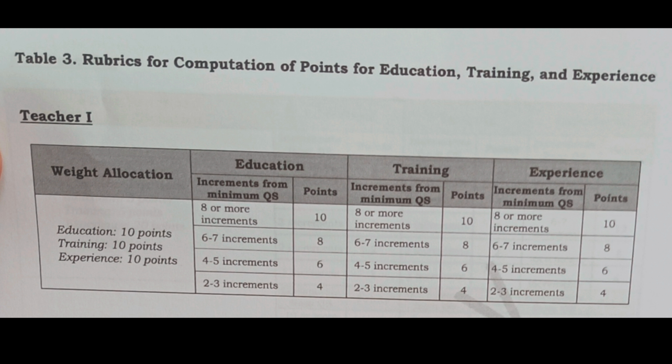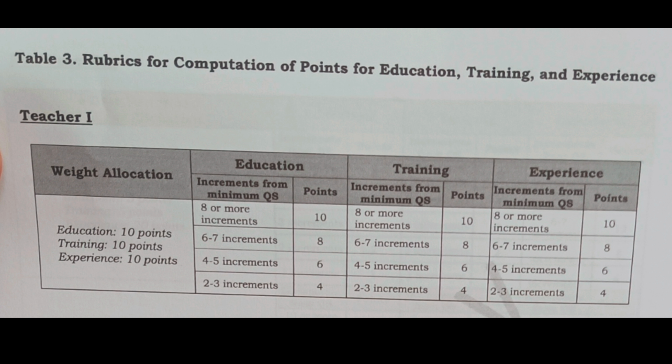After we have finally identified the level of increment equivalent to the education that you earned, we will move on to this table. This is the rubrics for computation of points for education, training, and experience. Let's focus on education first. In level 2 and level 3 increments, you'll get a total of 4 points.